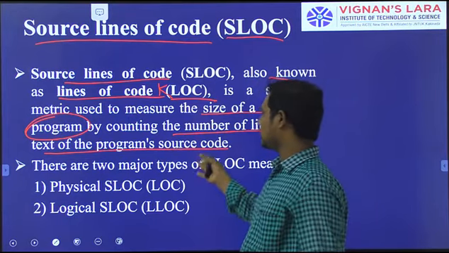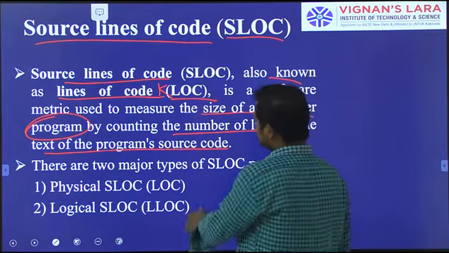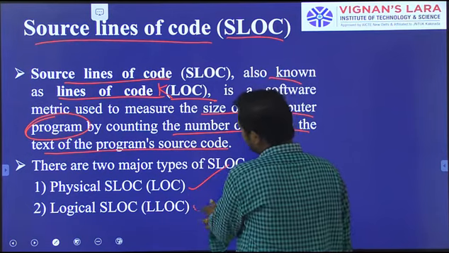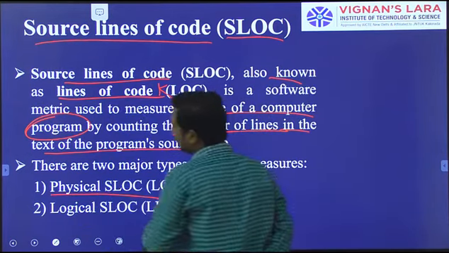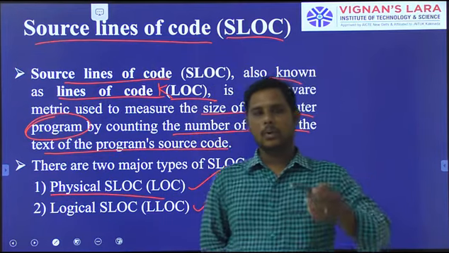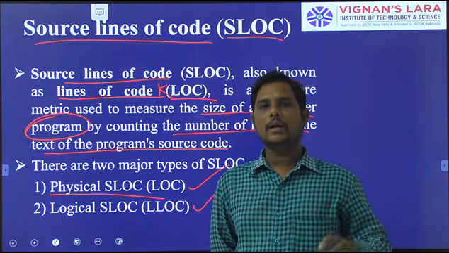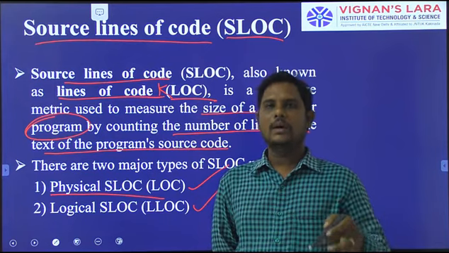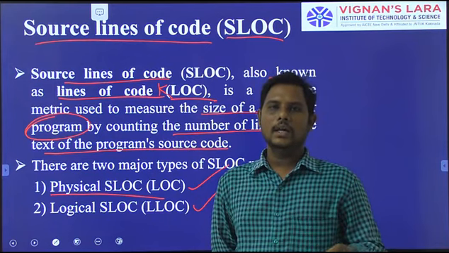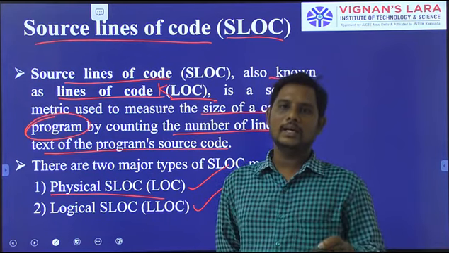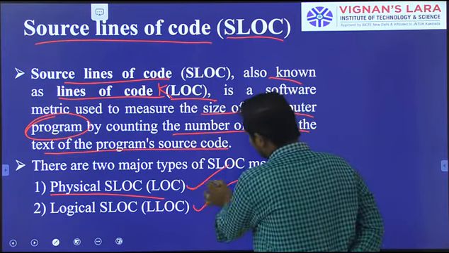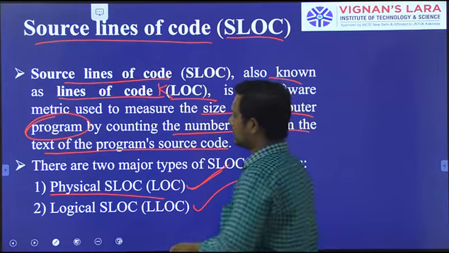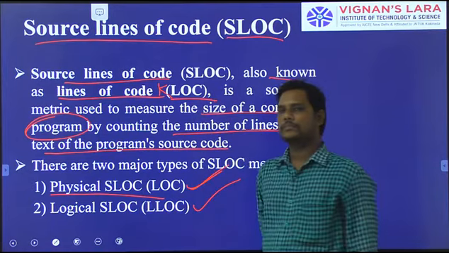Okay. So generally there are two major types. First is physical SLOC, second is logical SLOC. Physical SLOC means the entire program. In your program there are comments, empty lines, some unused data. Whatever is in your program, each line is calculated, and that is called physical SLOC.